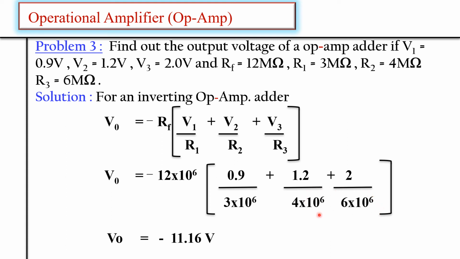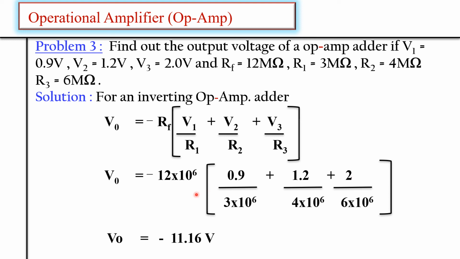So 10 raised to 6 is common in the denominator. I can take it outside and cancel it with this 10 raised to 6. So it is minus 12 into 0.9 upon 3, that is 0.3, 1.2 upon 4, that is 0.3, and 2 upon 6, that is nothing but 0.33, right?